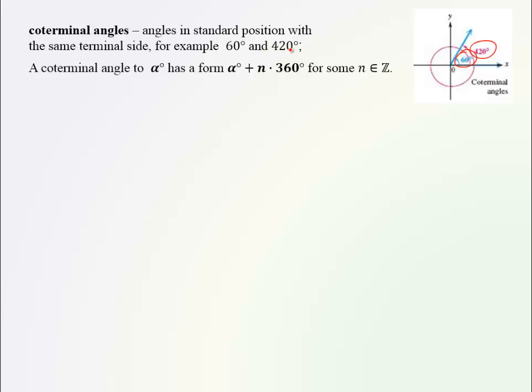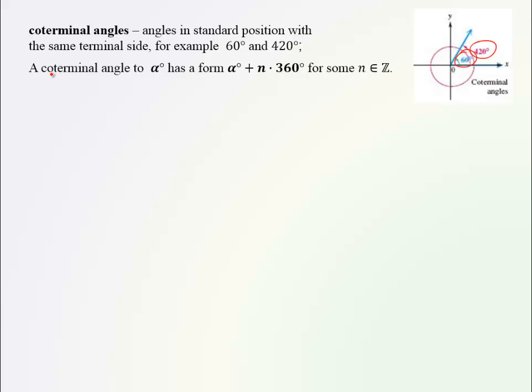So we actually have infinitely many coterminal angles, because we could rotate once, we could rotate twice and then add 60. We could rotate any number of times around the circle and then add 360.